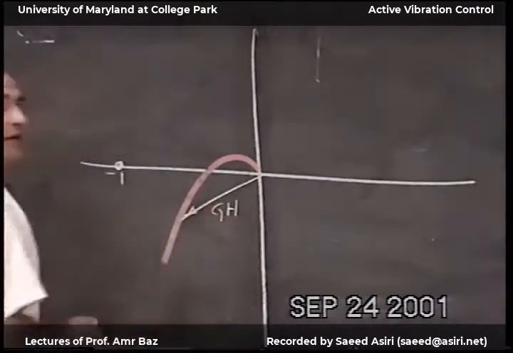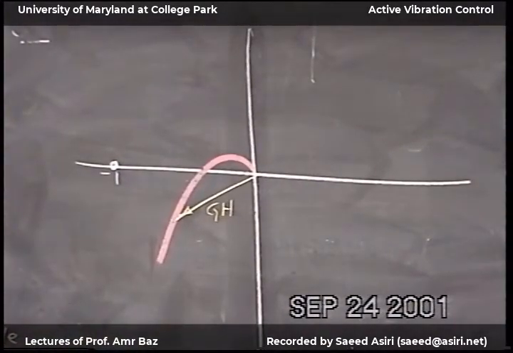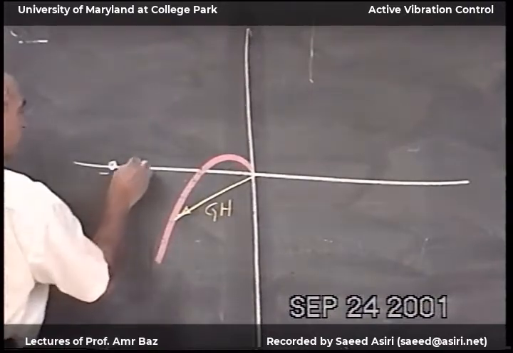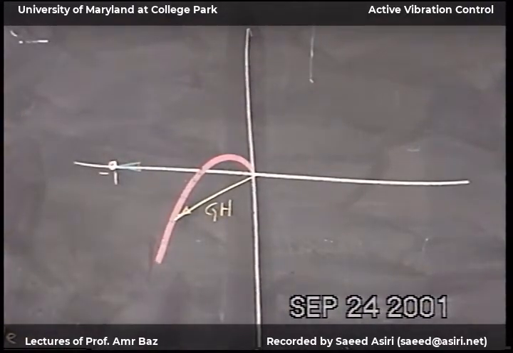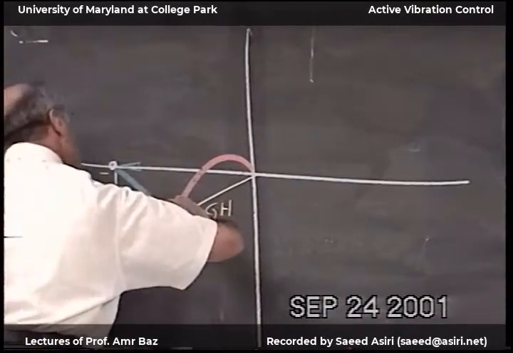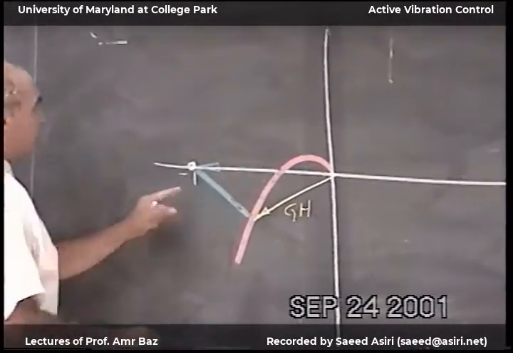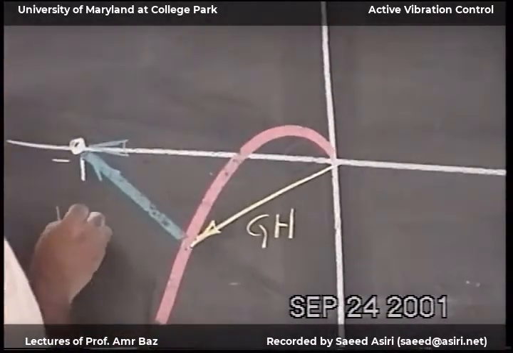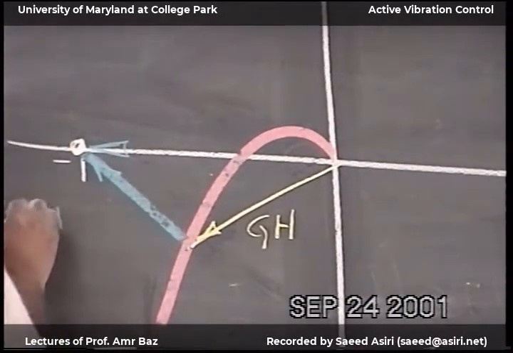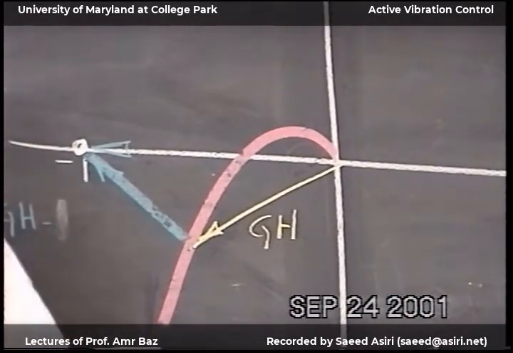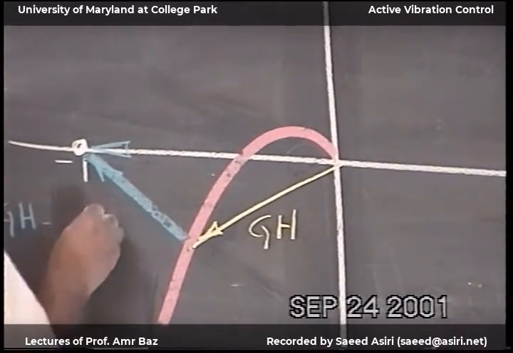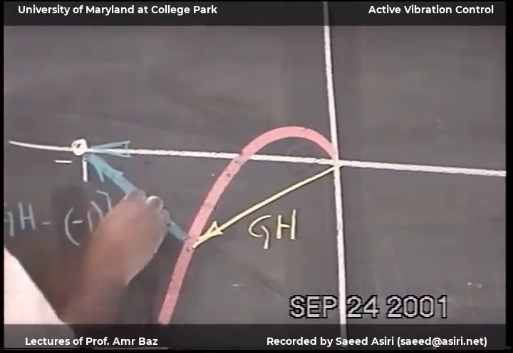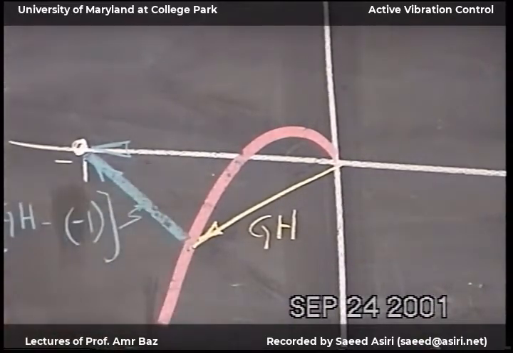And this is my GH. So this is vector minus 1. So now the difference between these two vectors is right here. So this vector is GH minus 1. And this vector has to be greater than or equal to 1.